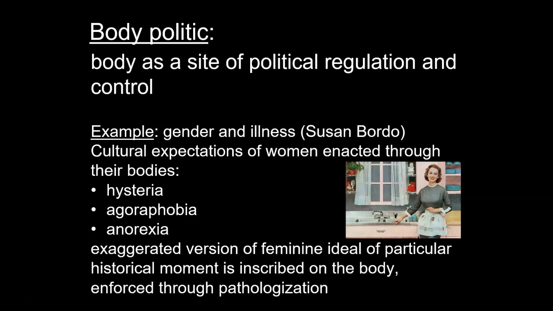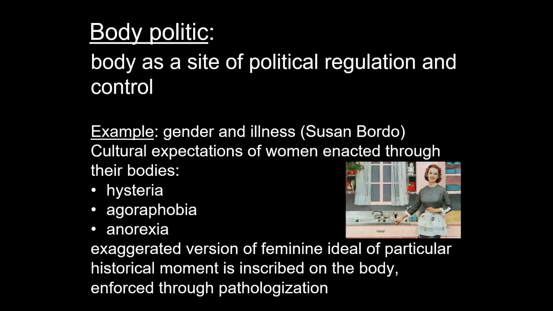So one thing that Bordo wrote about gender and illness that's relevant to this idea of the body politic is a piece where she traces out 3 illnesses as they are grounded in history. And what she argues is that each of these 3 illnesses, which primarily afflicted women, are reflections of exaggerated versions of expectations of femininity in that particular historical era.